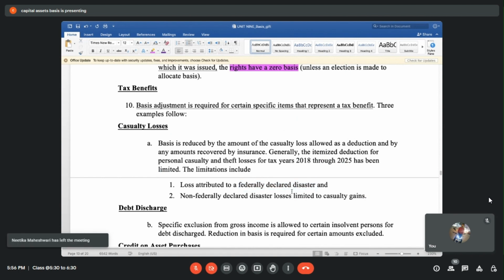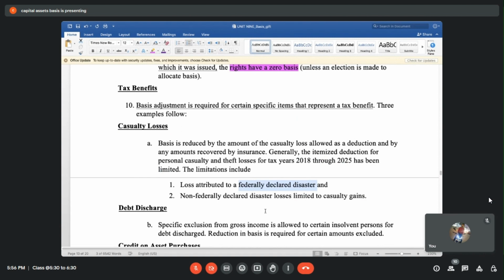Earlier, even if it was not federally declared, like some accident happened, a car crashed into your house, or there is a short circuit and the house caught fire, even that would be considered casualty losses. But now it has to be limited to certain events.